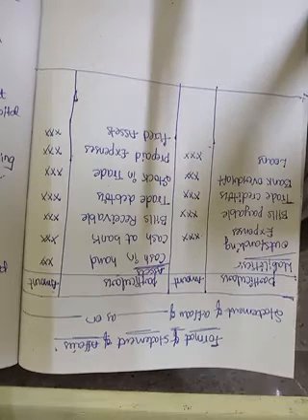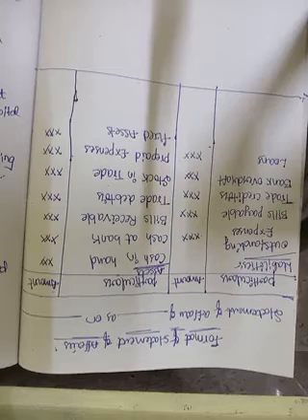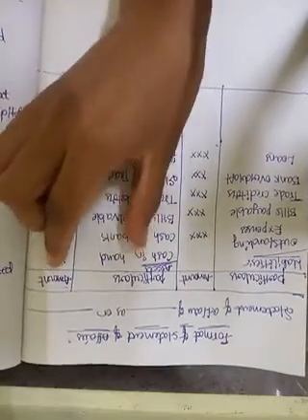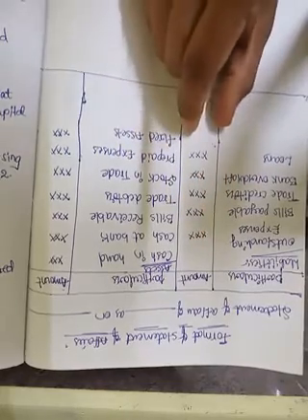It is from the accounting equation: assets equal capital plus liabilities. Here liabilities are there, assets are there, but capital is not there. Then first add all these assets, deduct these liabilities, and we will get the capital.